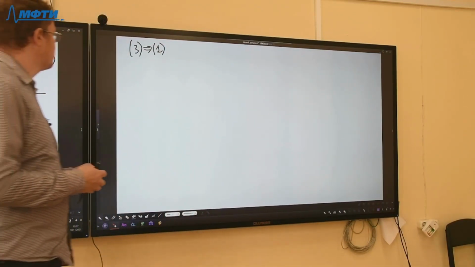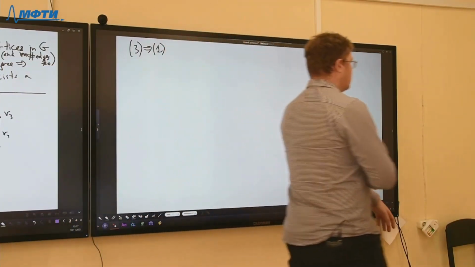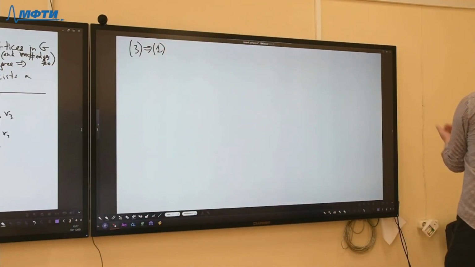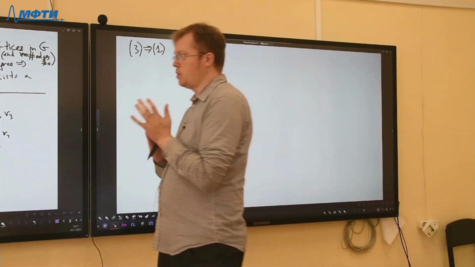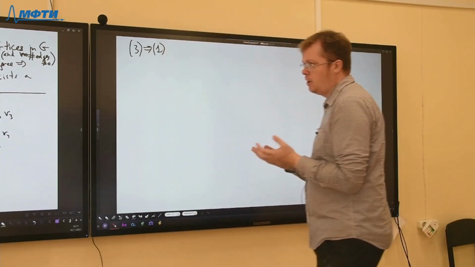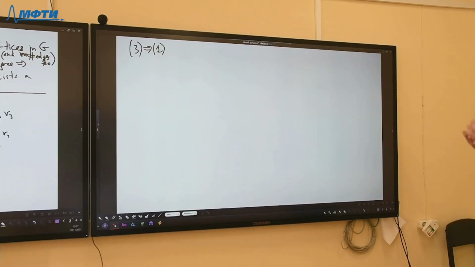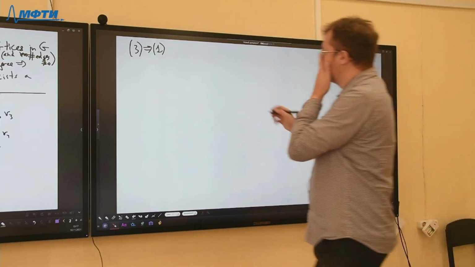So we just have several cycles, and then we do the following procedure. We take cycles which have common vertices, and then we make one circuit from them.